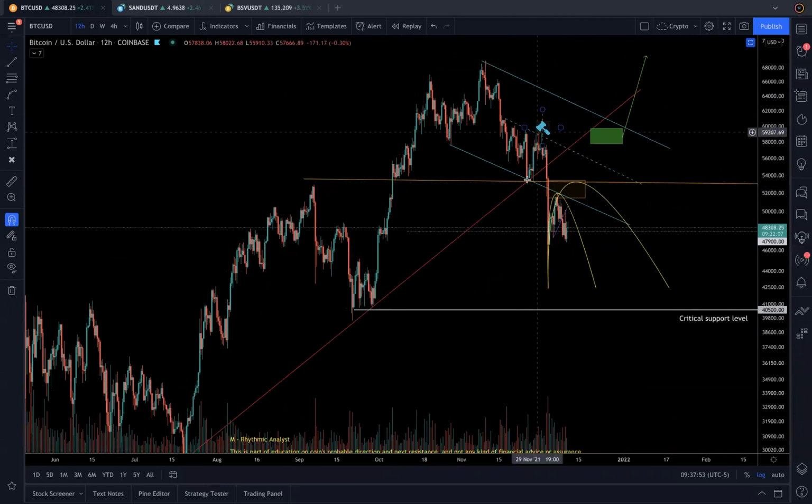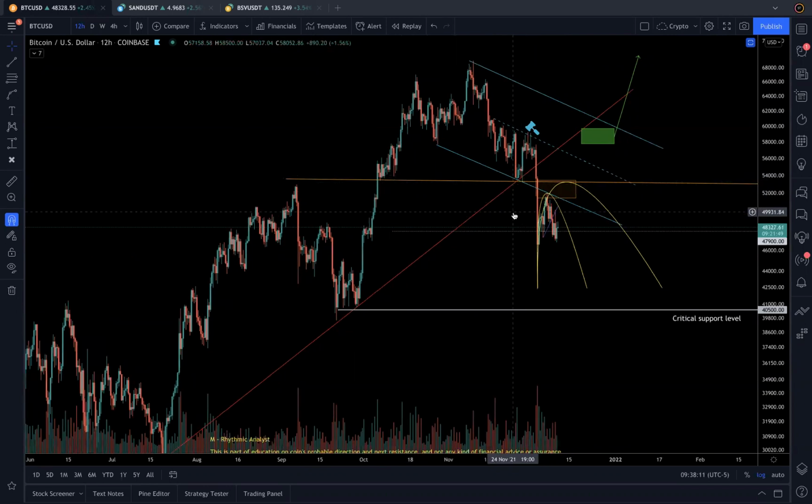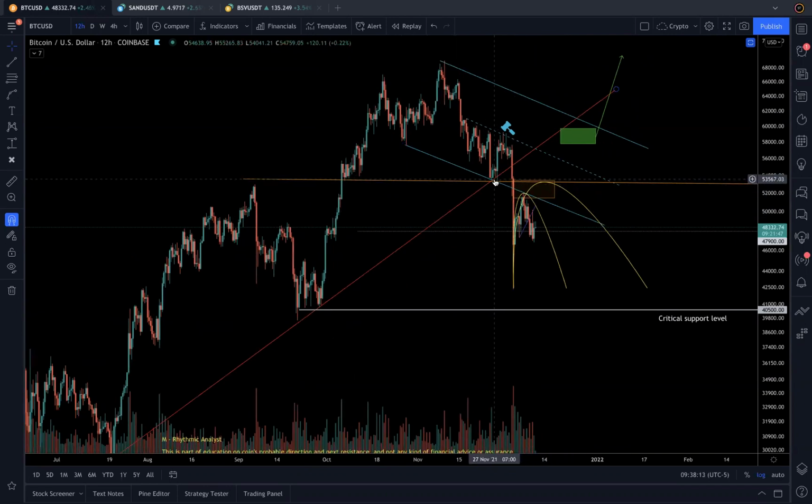When it got rejected here, it landed here. The orange line represents the rejection point, and so this is a confluence zone. This orange line and the red line intersect here. This is a confluence point, and there's very heavy support.